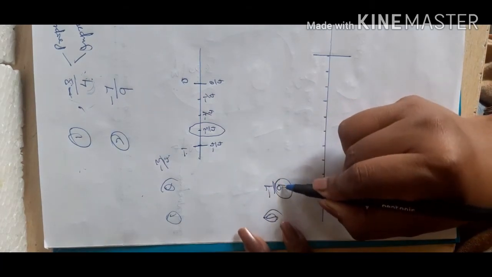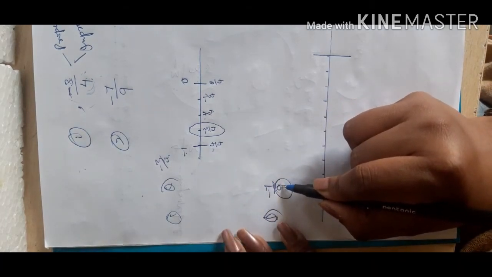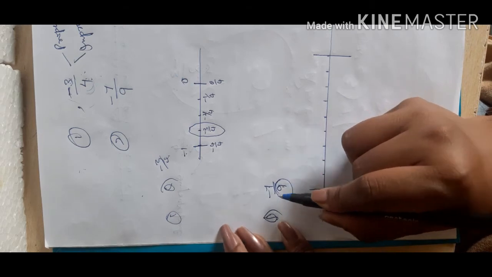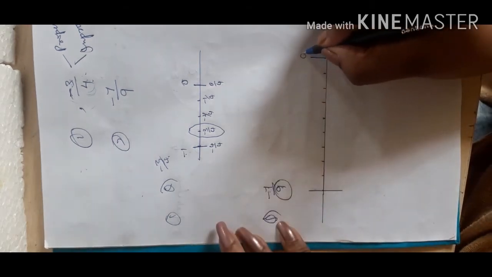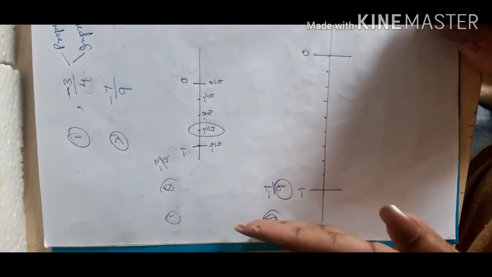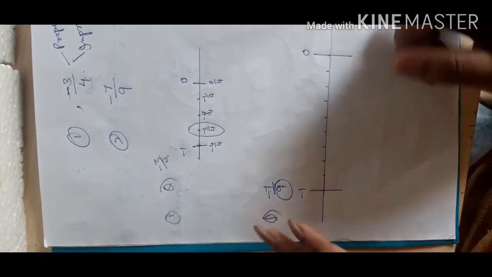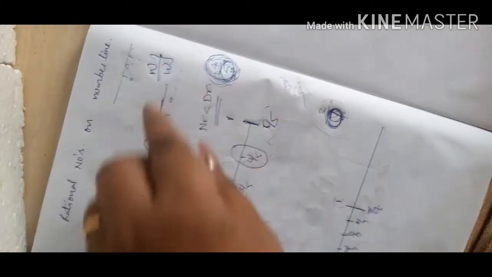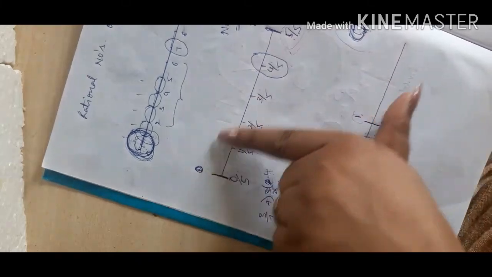7/9 is a proper fraction first of all, so it exists between 0 and 1. Because it is a negative number, it exists between 0 and -1. When you are writing -1, you need to move to the left side. When you are discussing a positive proper fraction, you need to move to the right side, 0 and 1.